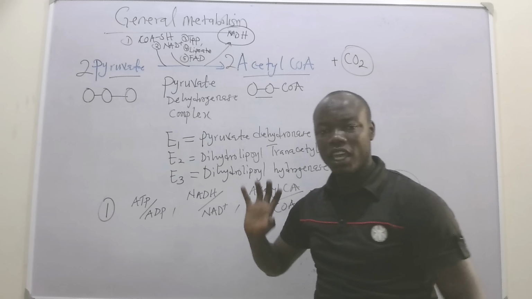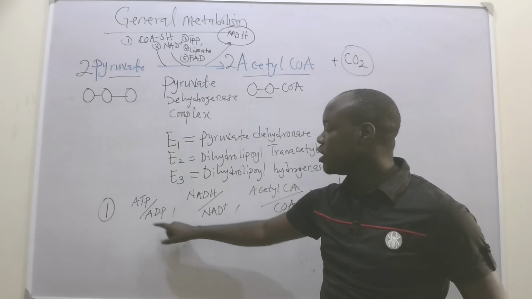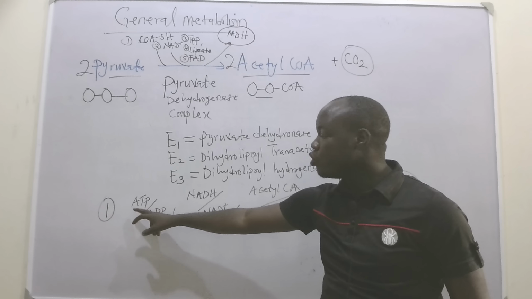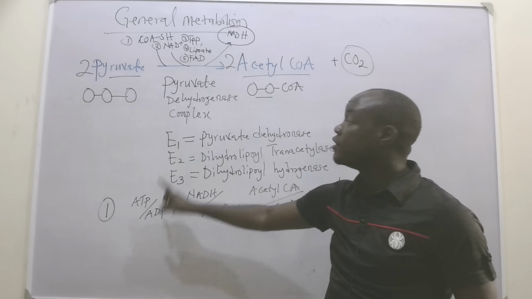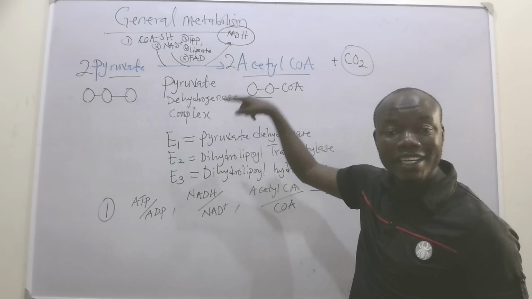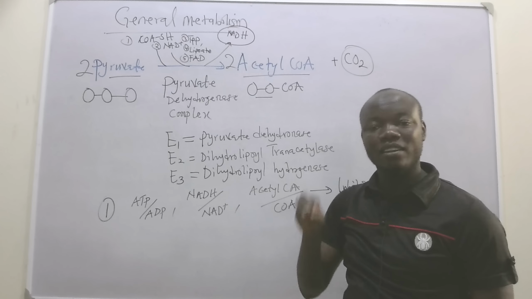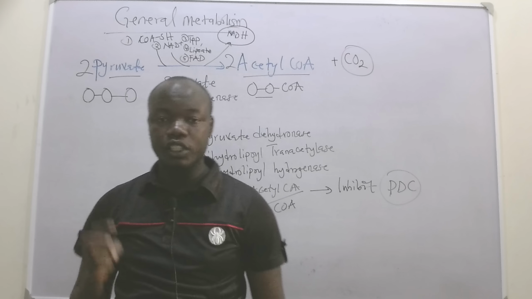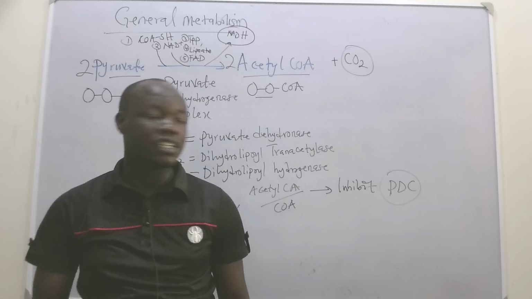When we say the ATP to ADP ratio is high, that indicates that the amount of ATP is very high in the cell, indicating that there is no need for the Krebs cycle, because the major aim of the Krebs cycle and electron transport chain is to generate energy.